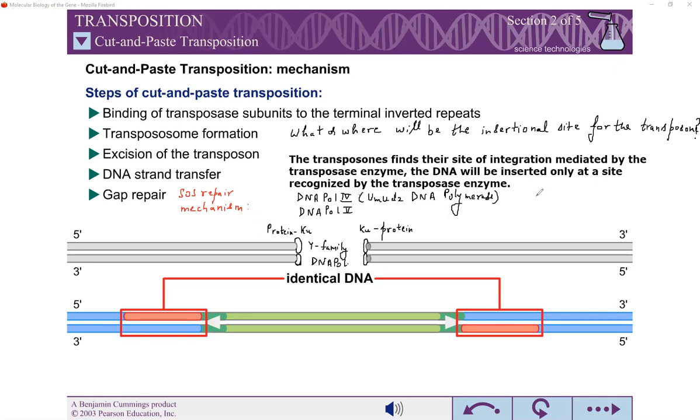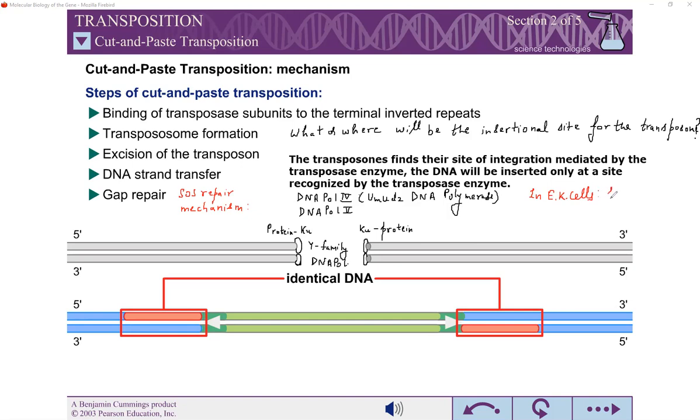Now, in eukaryotic cells, because transposons can also be present in eukaryotic cells, the double-stranded break could be repaired with the help of homologous recombination. Homologous recombination double-strand break repair model.